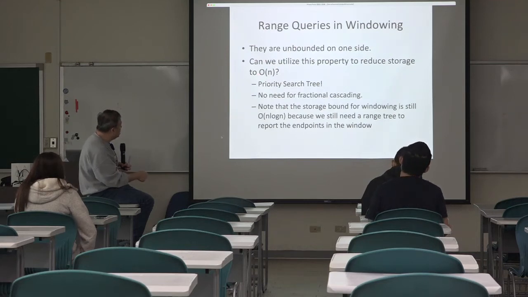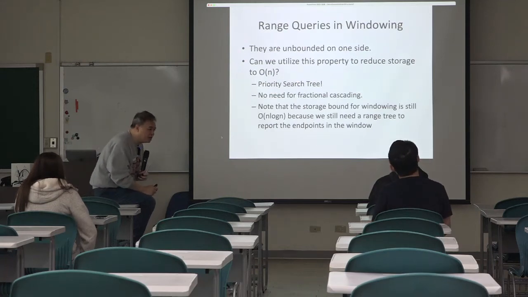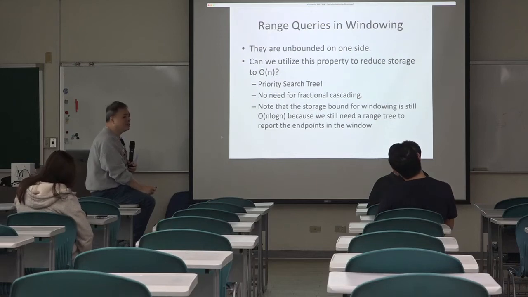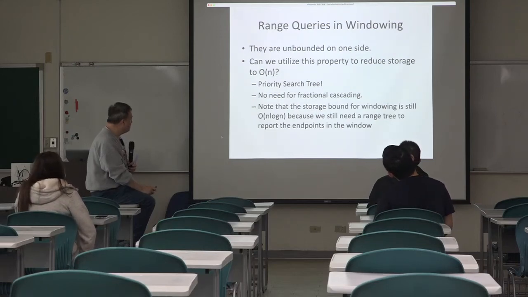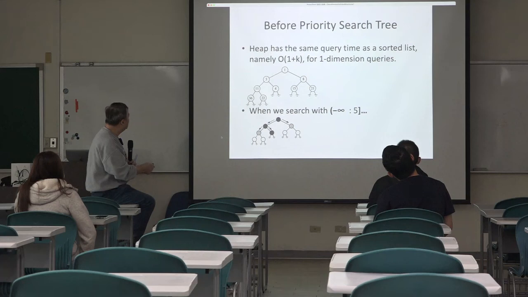So there's a data structure called a priority search tree, which gets the idea from the priority queue, the heap.